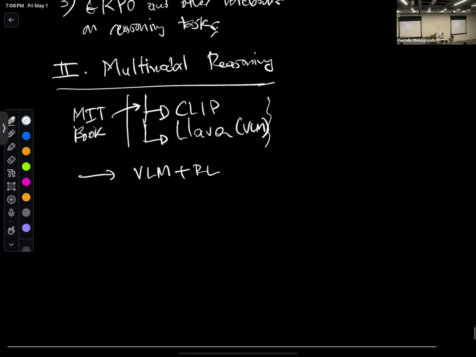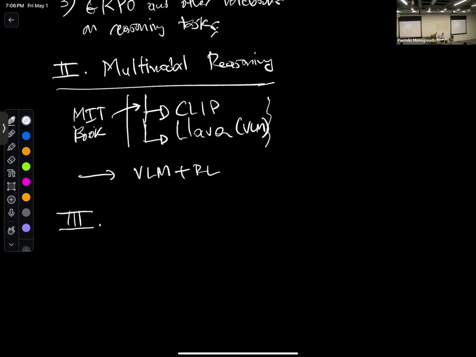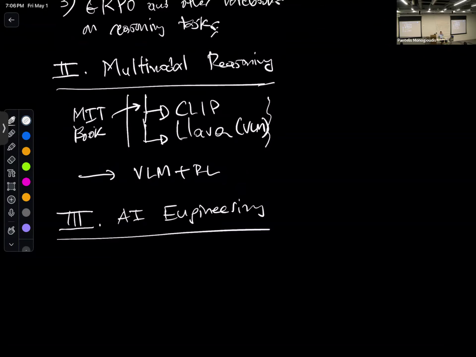And finally, the third step, which I think I mentioned before, is basically AI engineering. This is where you can actually read a couple of books in Safari, which I mentioned in the past. So look at the Safari library.